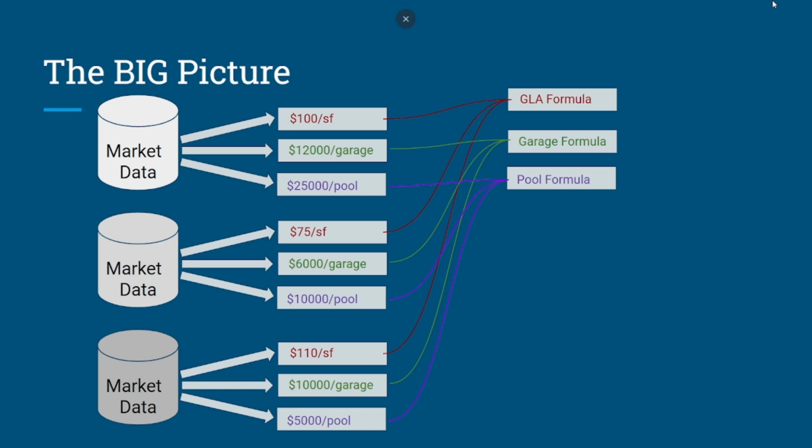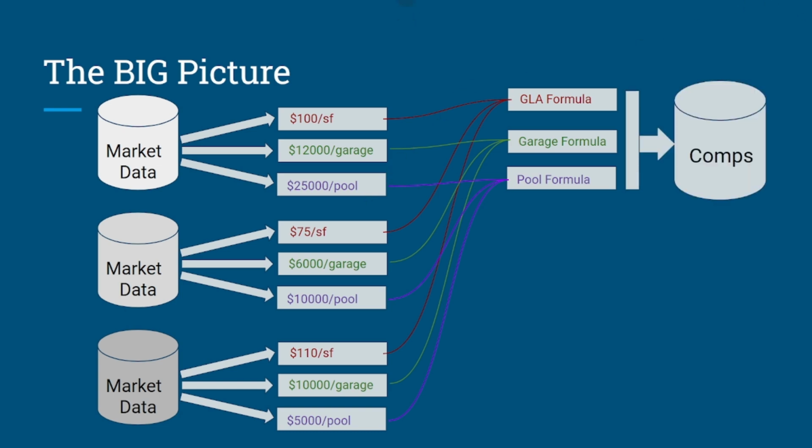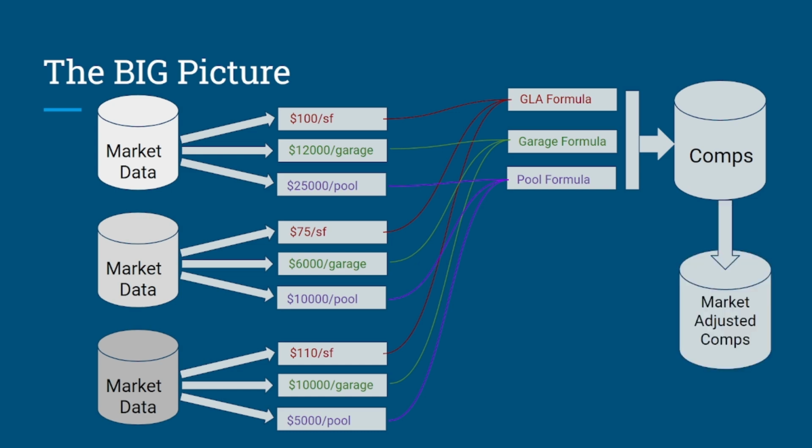And then I'd like to take those formulas and apply them to the comps. So you're still going to find comps, and you're going to have market adjusted comps from those formulas that were extracted from not just one set of comp data or even one set of market data, but multiple pools of market data. And then, just like before, this is where the process comes back together.